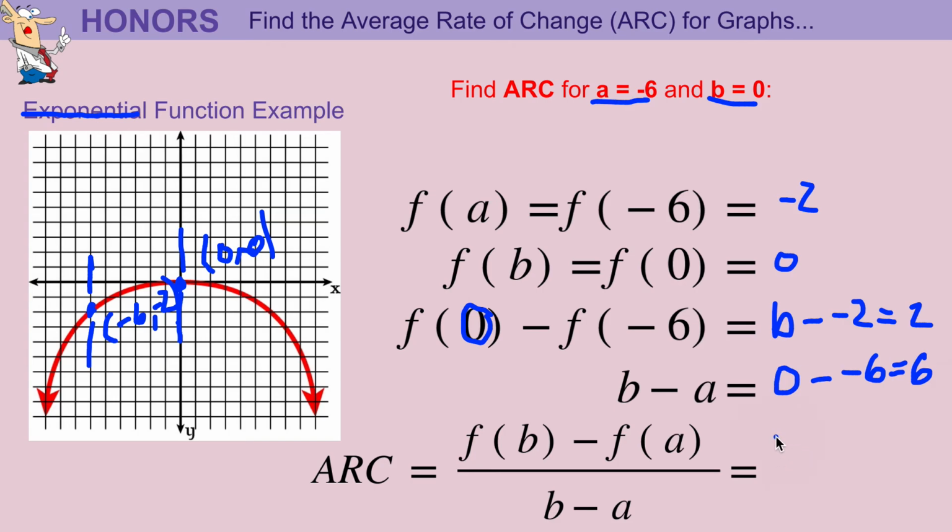Now we go ahead and put the 2 on top and the 6 on bottom. This does simplify to 1/3, but we want to put this into a decimal form so that we can compare them later. So we'll take 1 divided by 3, which gives us 0.33, rounding to the nearest hundredth. Or if we want to do the exact amount, we can do a line over top if we have that option. Okay, that should do it.